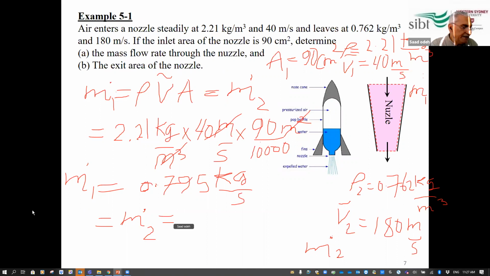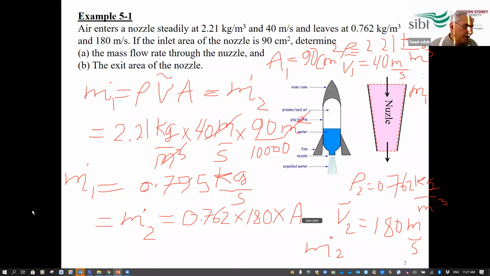Now if we want to find the area at the exit, I know the density, 0.762, multiplied by the velocity, 180, multiplied by the area, which is unknown.